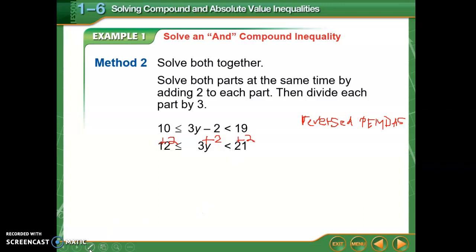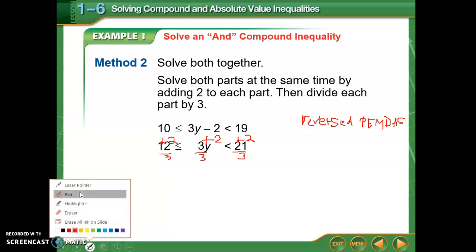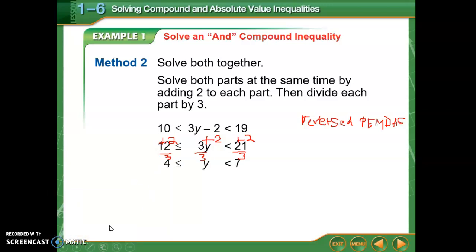After that, you divide each term by 3: one in the middle, one on the right side, and one on the left side. That would be your answer. 12 divided by 3 is 4, less than or equal to y, less than 7.